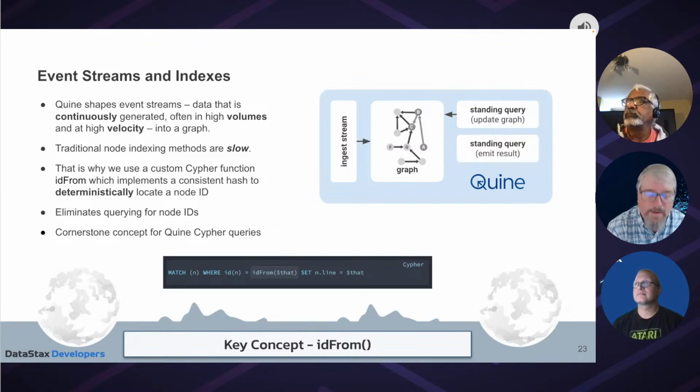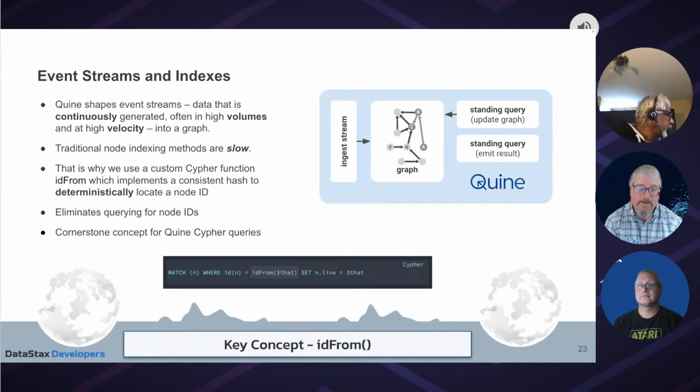Okay. So one of the important things inside of Quine, and this actually goes to the ability to have subgraphs or disconnected graphs inside of Quine, is the concept of indexing. And like I said, Quine is designed for streaming data. It wants to act on data while it's still in motion, before it becomes at rest.